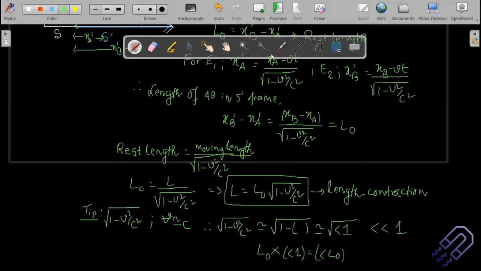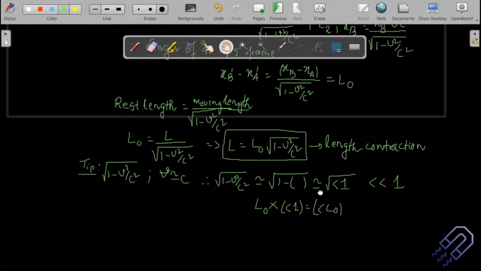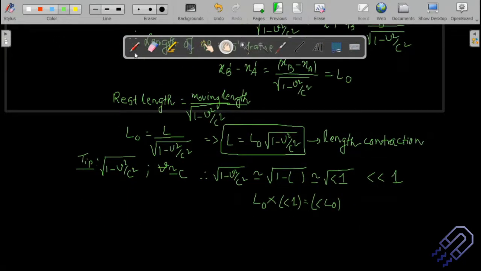So let's take an example for a very clear picture. If I write 10 centimeter and multiply it with a value which is less than 1, even if you take 0.9, the final answer is 9 into 10, so that's 90 and point, so it's 9 centimeter.